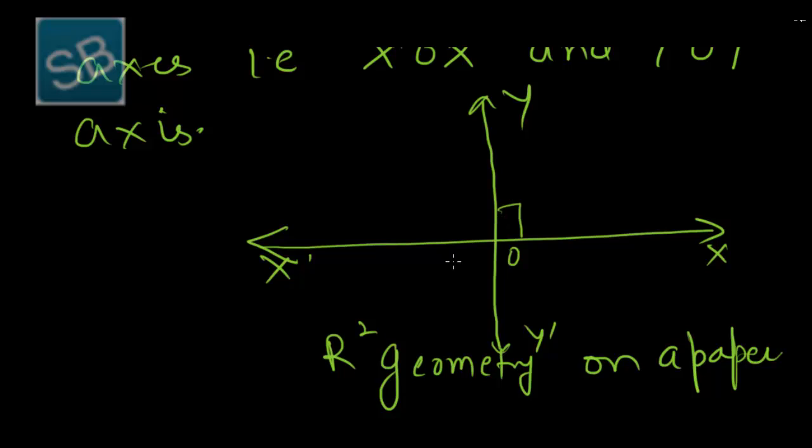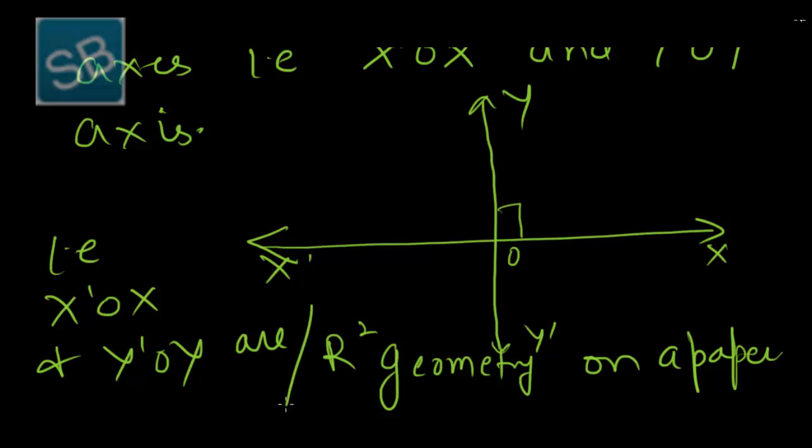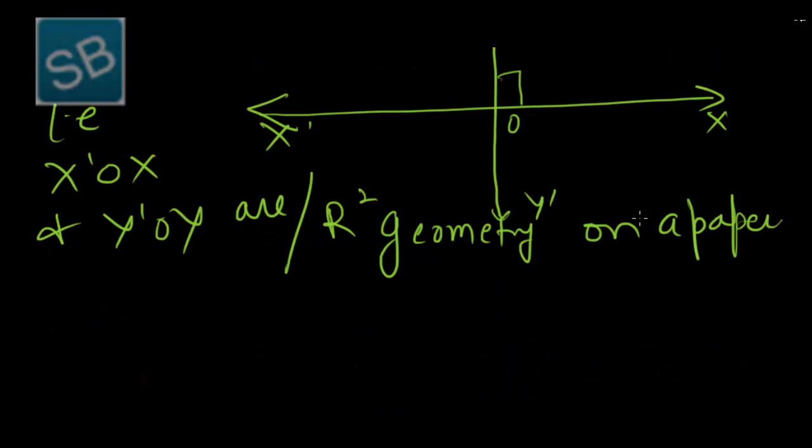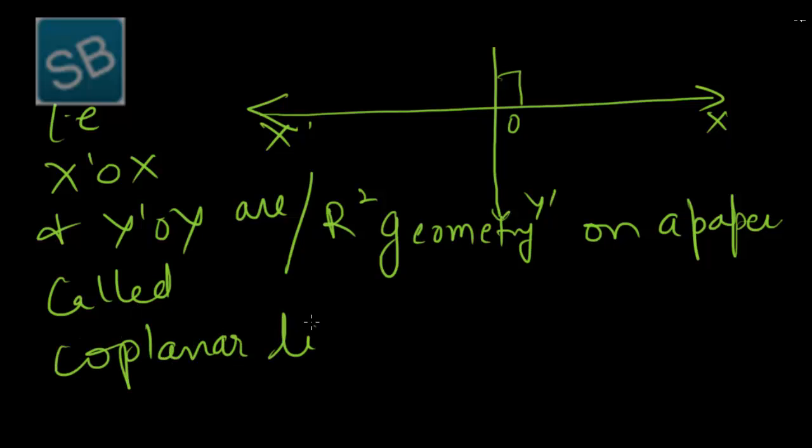As these lines lie in one plane, so these lines are called coplanar lines, that is x dash ox and y dash oy are called coplanar lines because they lie in one plane.